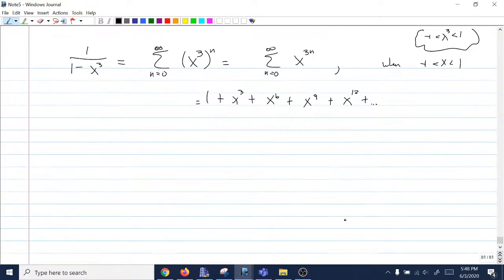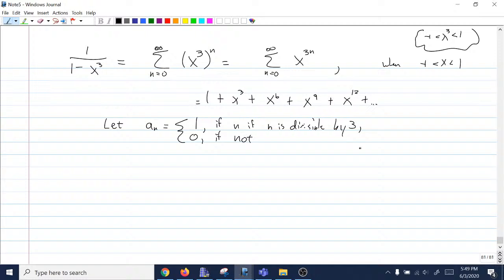I think if you're being fully precise, if you want to write this as a power series, the thing you need to do is say let a_n be 1 if n is divisible by 3, or it's 0 if n is not divisible by 3. Then 1 over 1 minus x cubed is the sum of a_n x to the n.